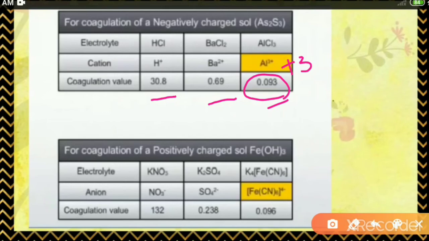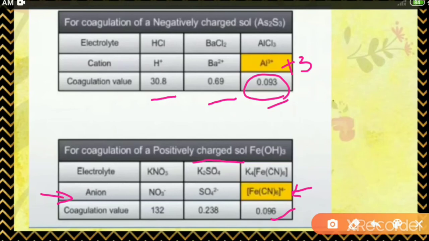And in the second case, if the sol is a positively charged sol, then the active ion will be negative. You can see the active ions are negative, that is anions. When you compare the coagulation values in this, which has the lowest value? This is the lowest value, and that is for this example. This has the highest valency, therefore it has the lowest coagulation value.